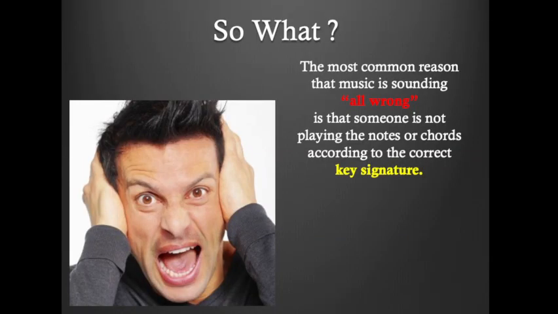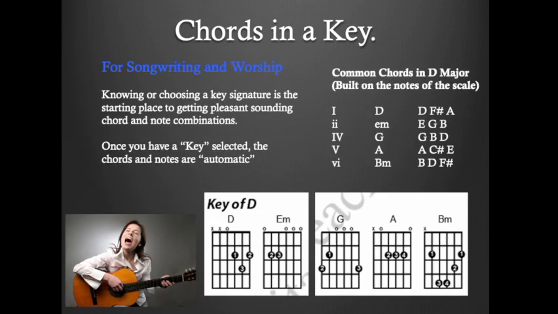So what? Well, the most common reason that music is sounding wrong is that someone's not playing the right notes. That is, they've missed the sharps or flats, they're playing the wrong chords, or they're basing it on the wrong scale. They're not playing the right black notes or the right semitones on their instrument. And typically that's because they haven't looked at the key signature or they don't know what chords or scale the song is based on.